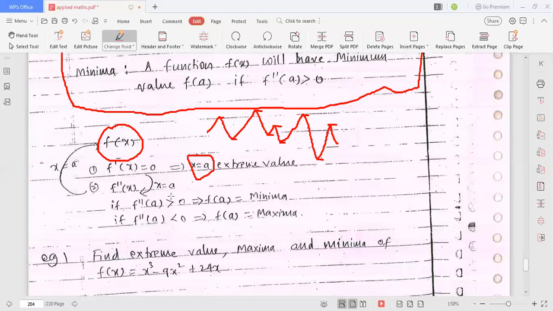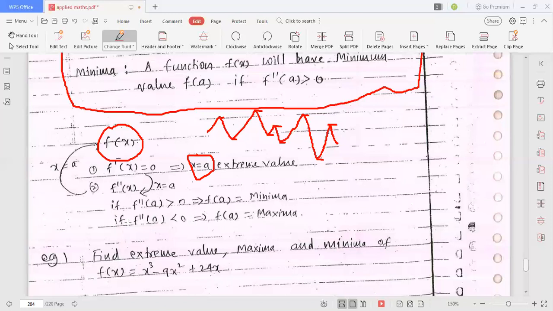If f double dash a is greater than 0, then by definition f of a is said to be minima, not maxima. And the last statement is, if f double dash a is less than 0, then f of a is maxima.